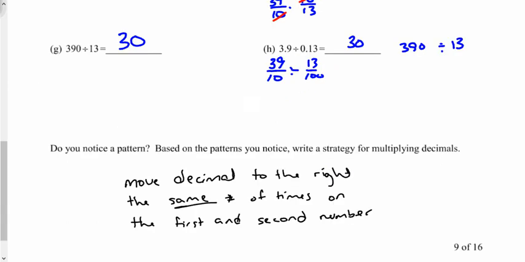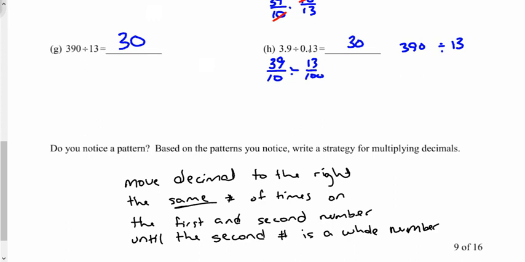So here's the pattern that we're going to do: we want to move the decimal to the right the same number of times on the first and the second number. Now you might be wondering, how many places am I supposed to move it? Like 10 times, or do I move it until neither one of them has a decimal? Nope, you do it until the second number is a whole number. We want to turn this number into a whole number.